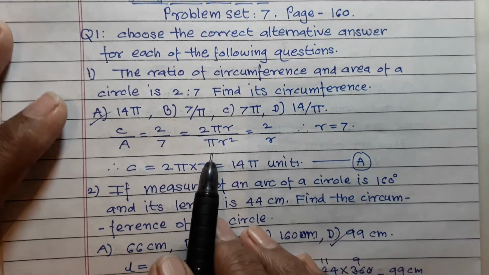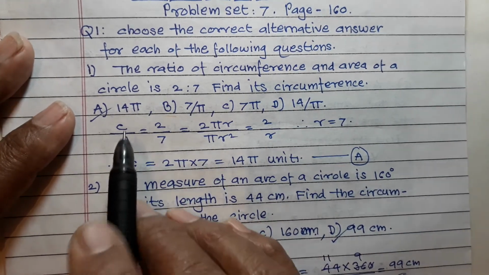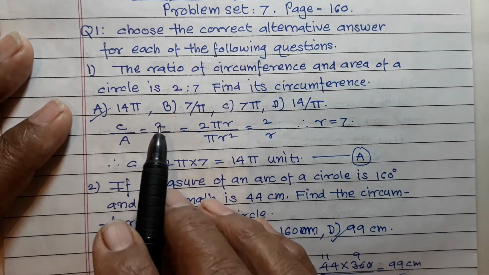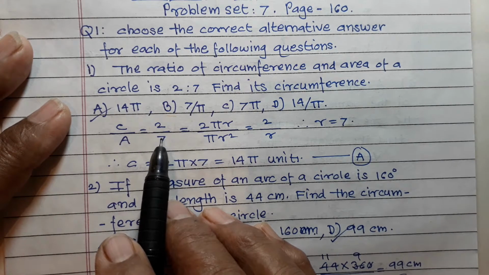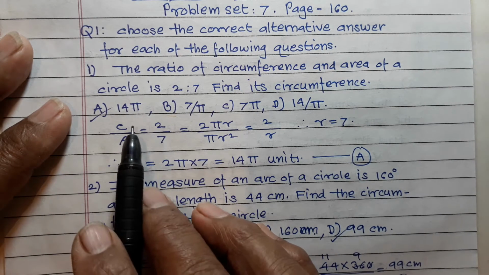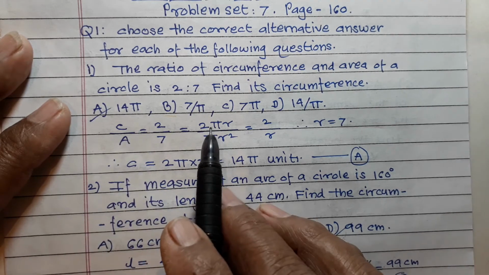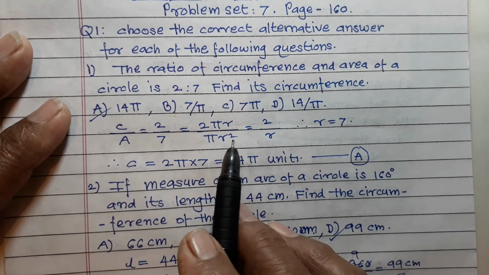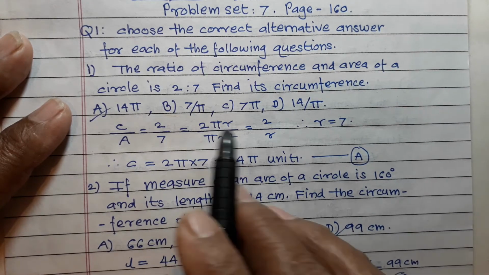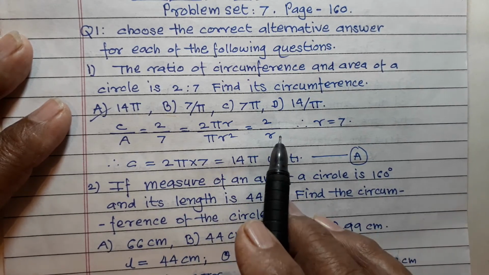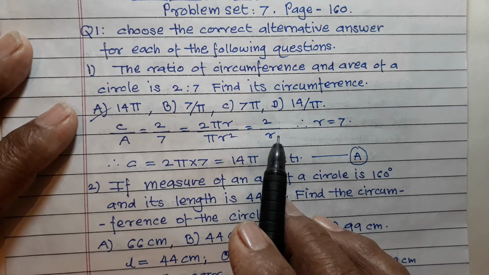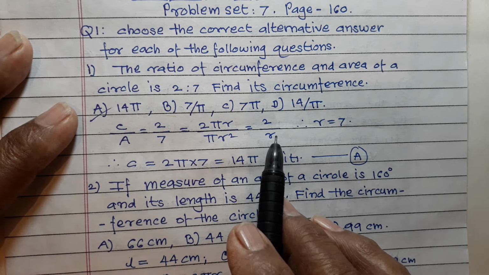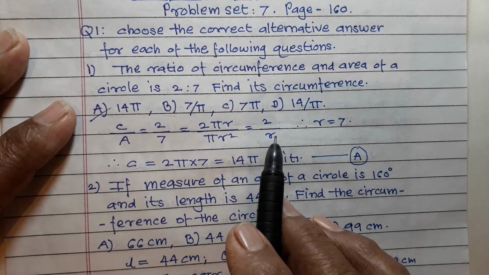Now try to understand. C upon A is equal to 2/7, given. So C, the circumference, is equal to 2 pi r, and area is equal to pi r square. So C upon A is 2 upon r.